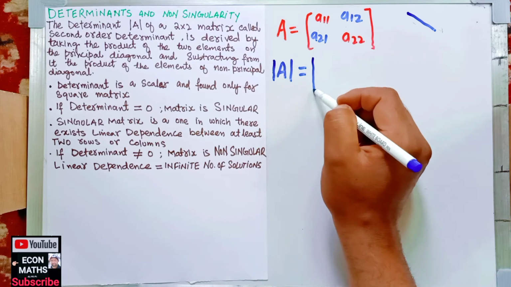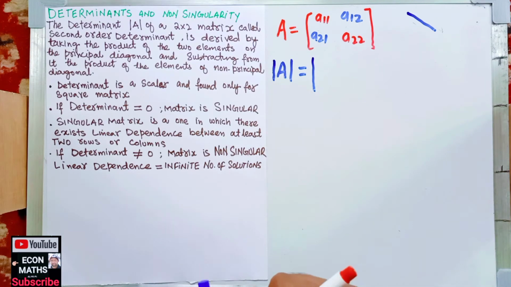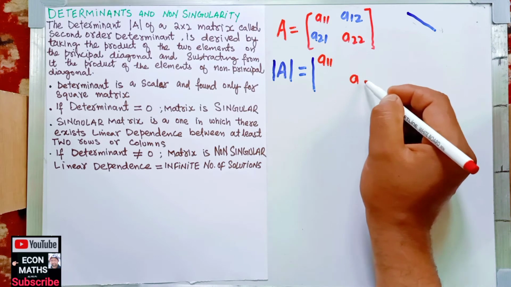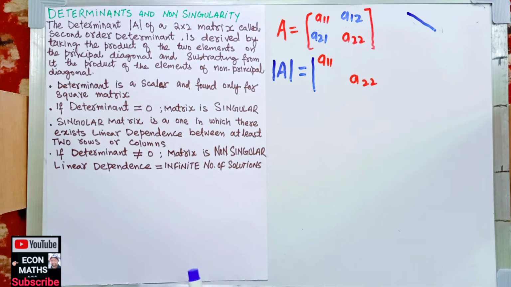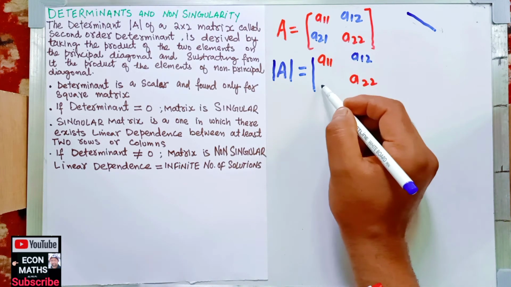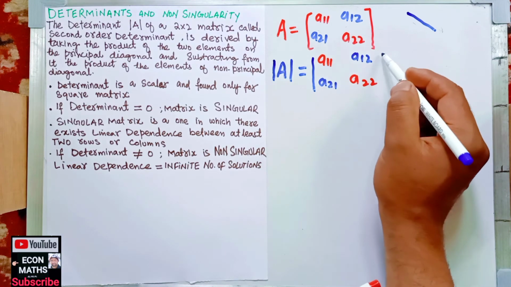If I write this again, this is a11, here a22. These are the two elements on the principal diagonal, and here I have a12 and here a21.